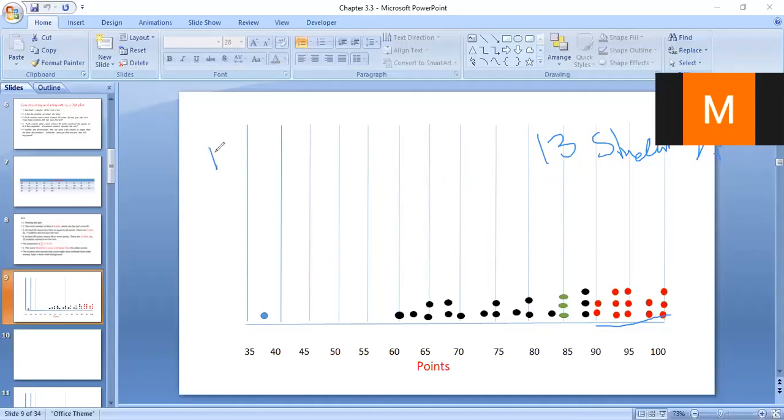So find the proportion. We take the number and divide by the total students.